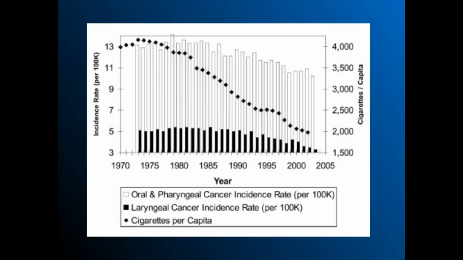Laryngeal cancer has decreased over time because smoking has decreased. We've just had better public health campaigns. But in that time, oral cavity and pharyngeal cancers haven't decreased at the same rate. So the people doing epidemiology realised that this is now not a smoking disease.